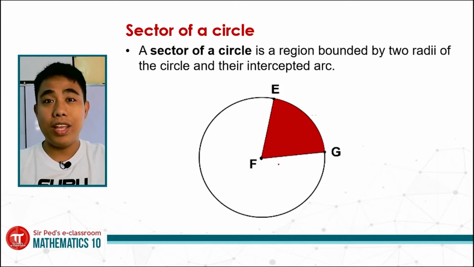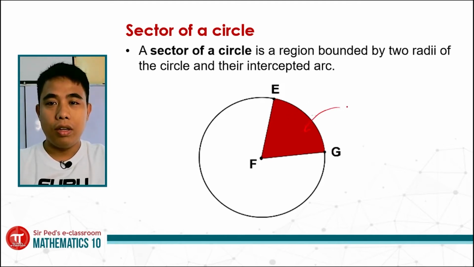So these are radii of the circle. The intercepted arc is arc EG, and the shaded region colored red is called the sector of circle F, and we name it as sector EFG.